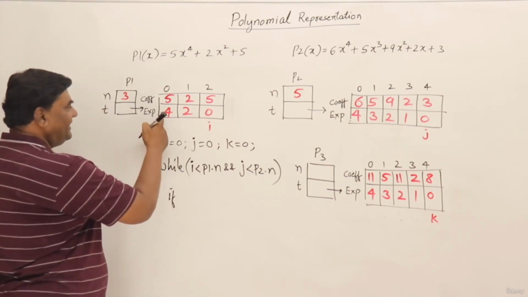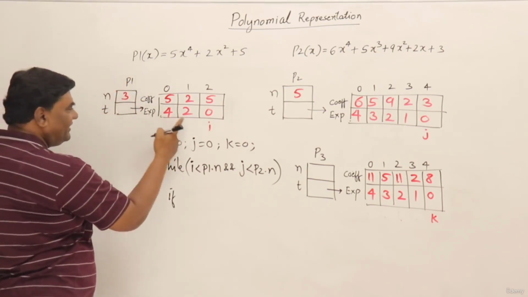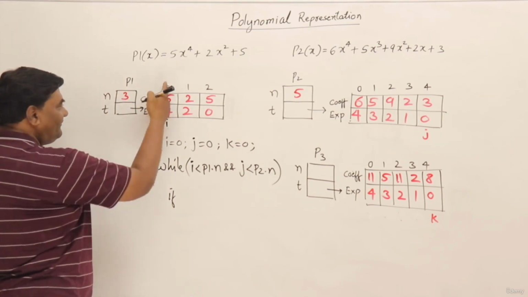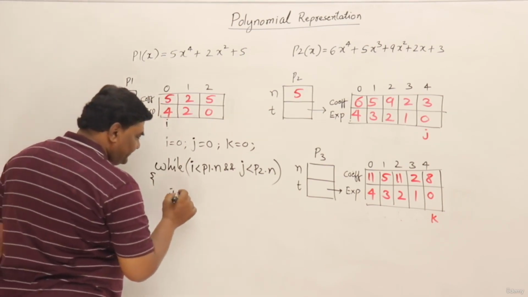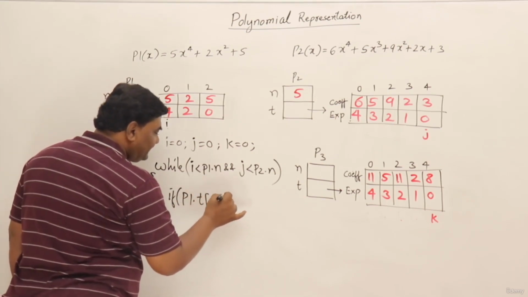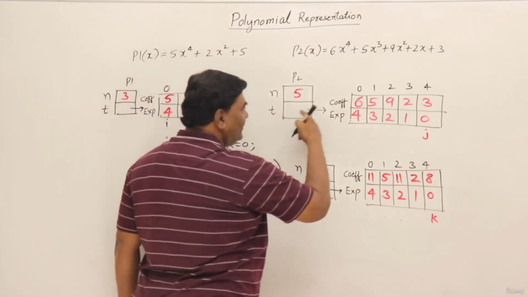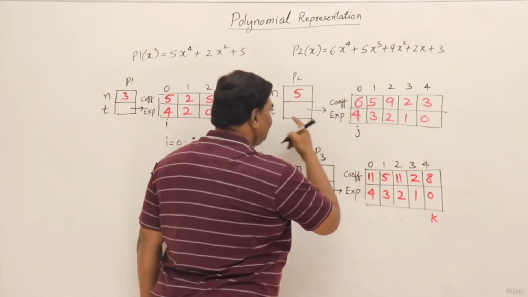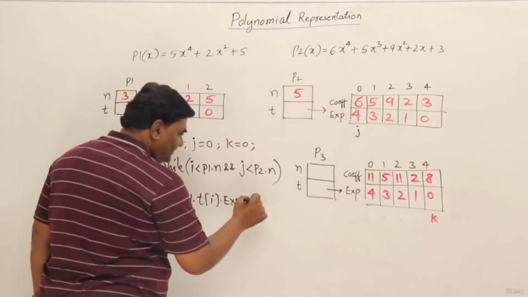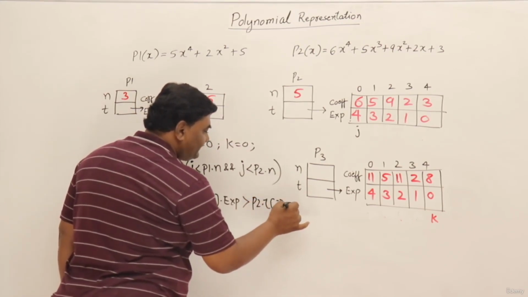If, this is power we have to see, exponent. So P1's t of i's exponent. So if i is here, then P1's t of i's exponent. So if P1's t of i's exponent is greater than P2's t of, like j was starting from here, j dot exponent, P2's t j dot exponent.